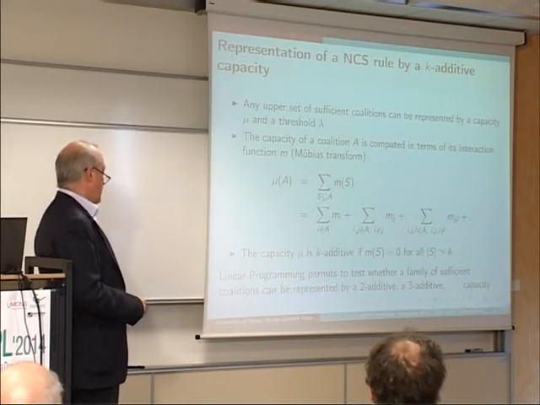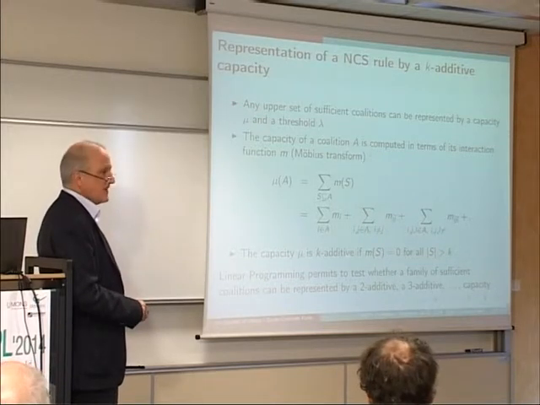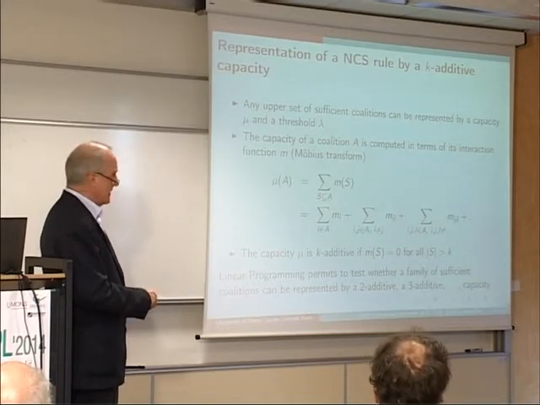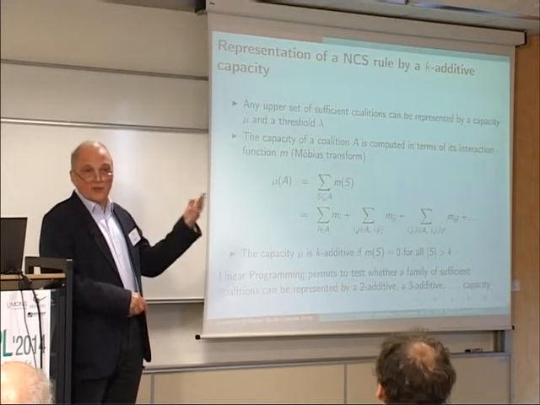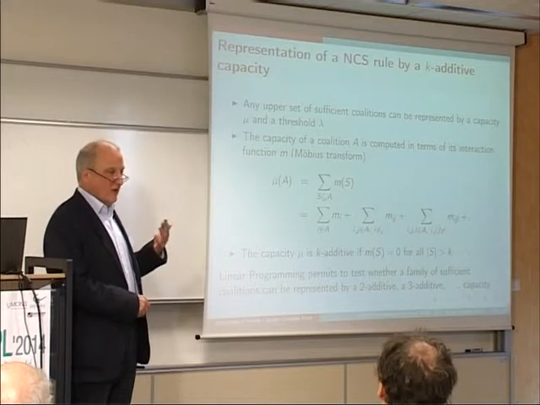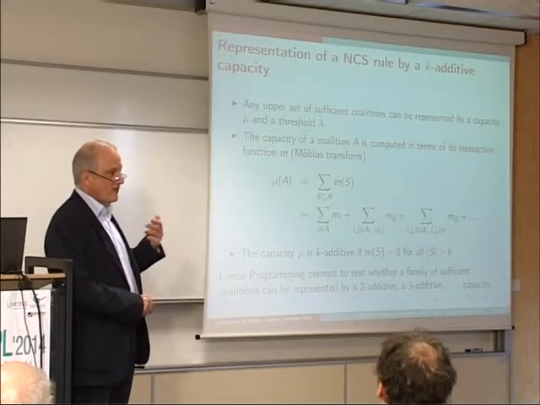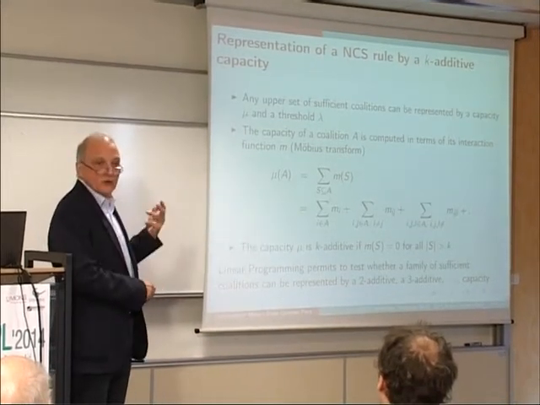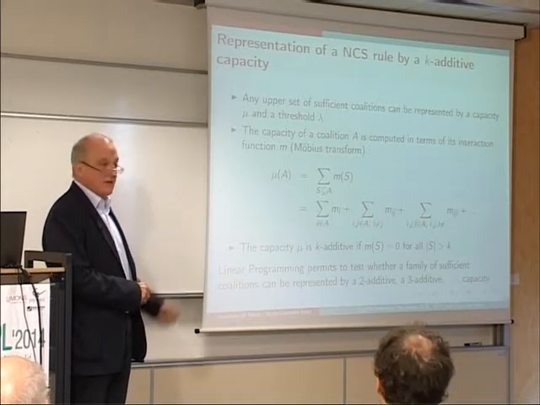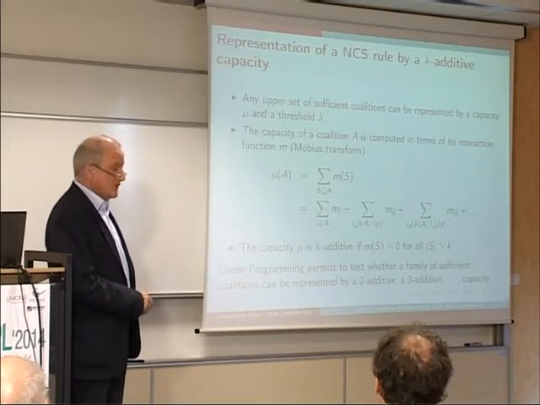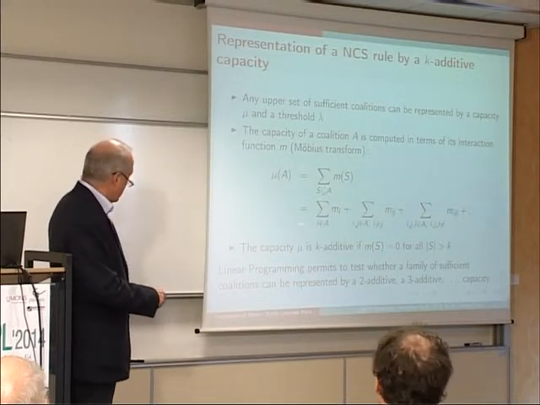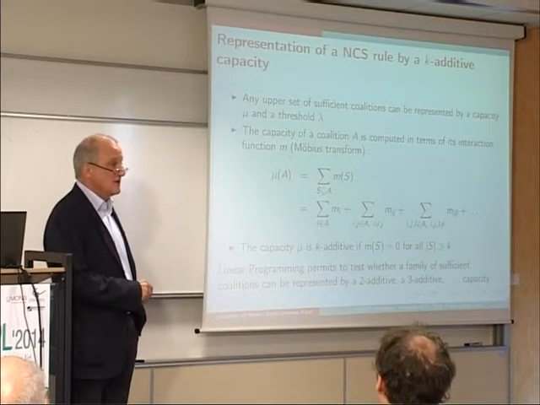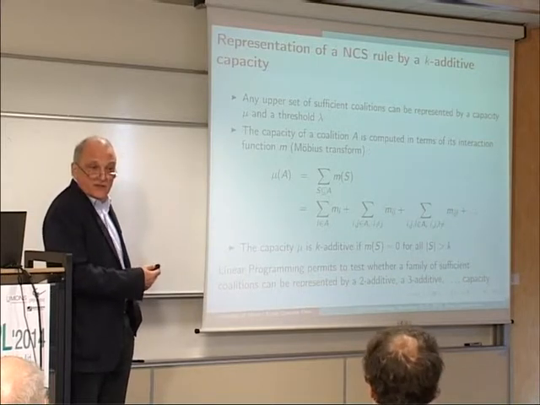And so a k-additive capacity is a capacity where you just need to go up to k-tuples of players or criteria, and not over it, in order to represent the rule. So a one-additive capacity is just when you have this, and it's using weights.